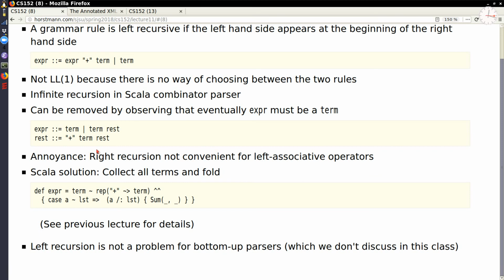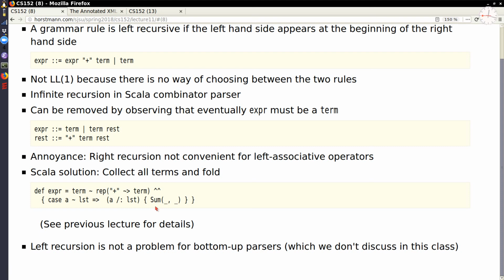You can program it, but the most convenient way to program it in Scala is to say, instead of eating one plus at a time, we want to have all of the plus followed by term collected together. Now I have a list of all of the terms, and once I have that, then I can use fold to put them all into one thing.